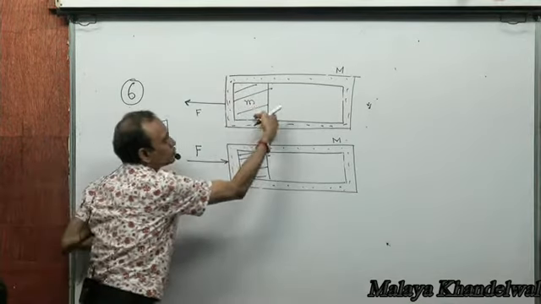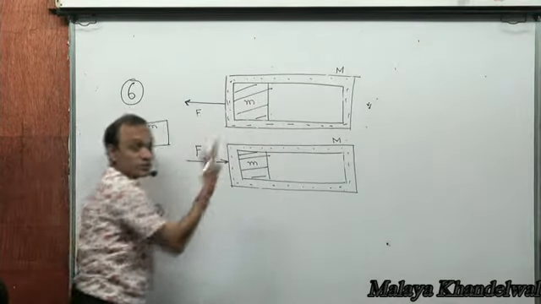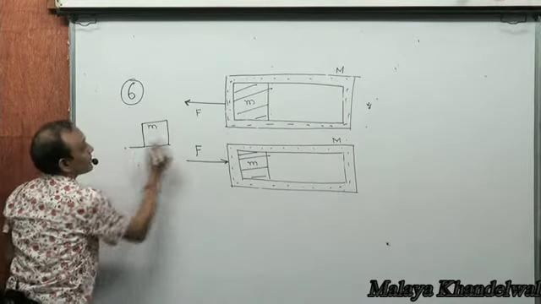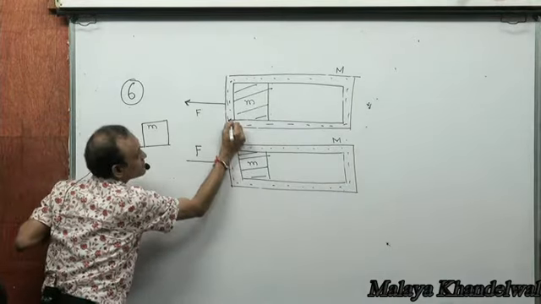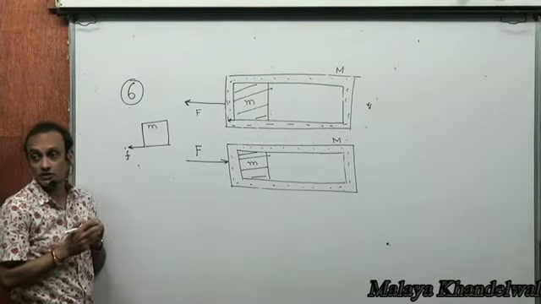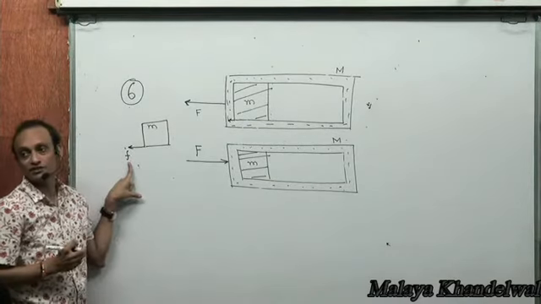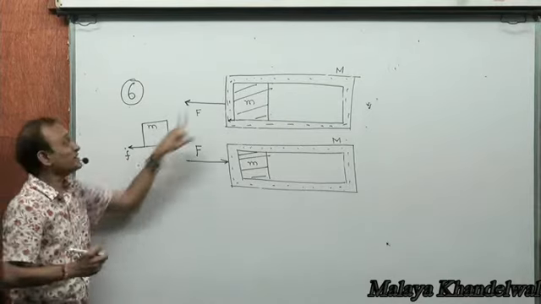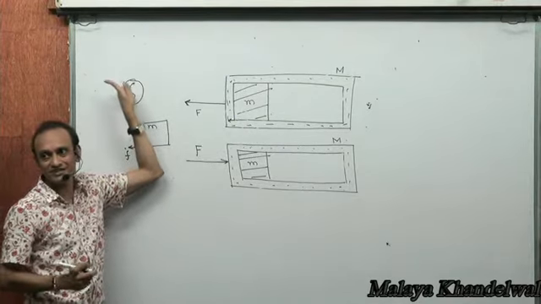For small m to move in this direction, there must be a horizontal force acting on small m, right? Capital M at this interface must exert a horizontal force small f on small m in this direction. But when could this exist? If there was friction, but there is no friction. That means small m cannot move in this direction.